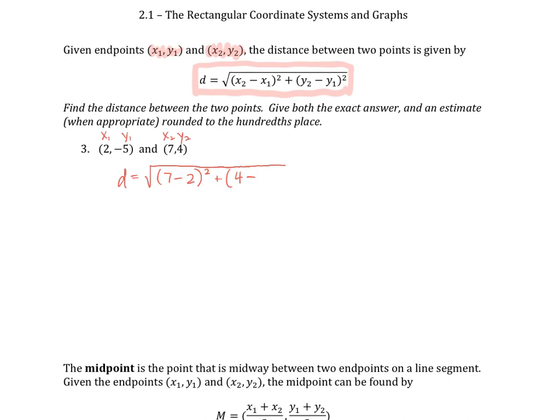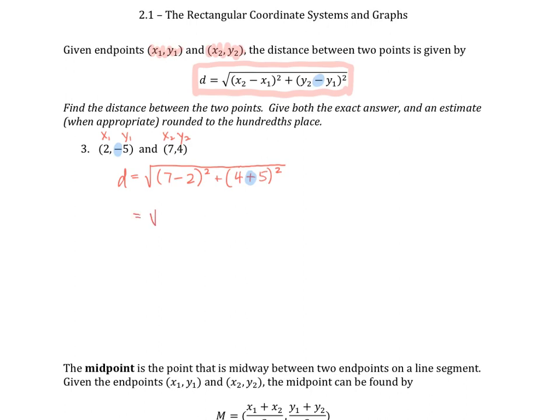So if I have minus a negative 5, those two negatives are going to make a positive, so it's going to end up being plus 5 squared. Okay, so let's talk about that again. This is a minus in the formula, and y1 is a negative. So those two negatives combine to give me that positive.